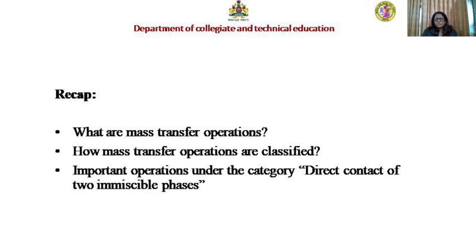Next we learnt how mass transfer operations are classified under different categories. Also, we discussed important operations under the direct contact of two immiscible phases category, and we've seen some industrial applications of these operations in the present session.